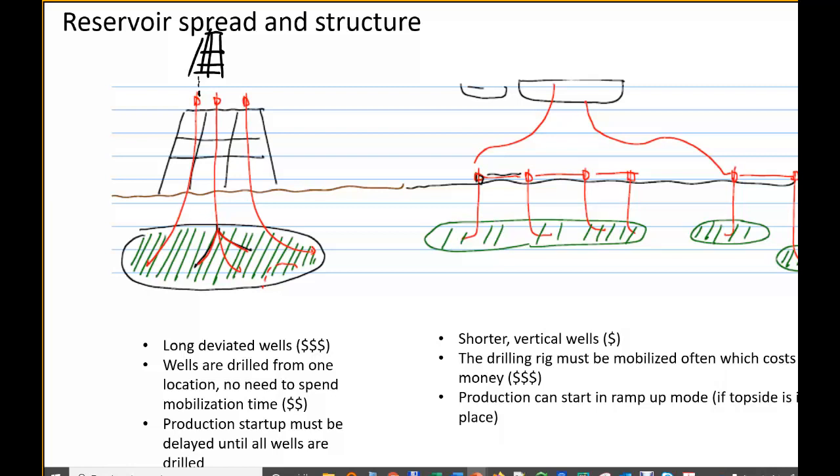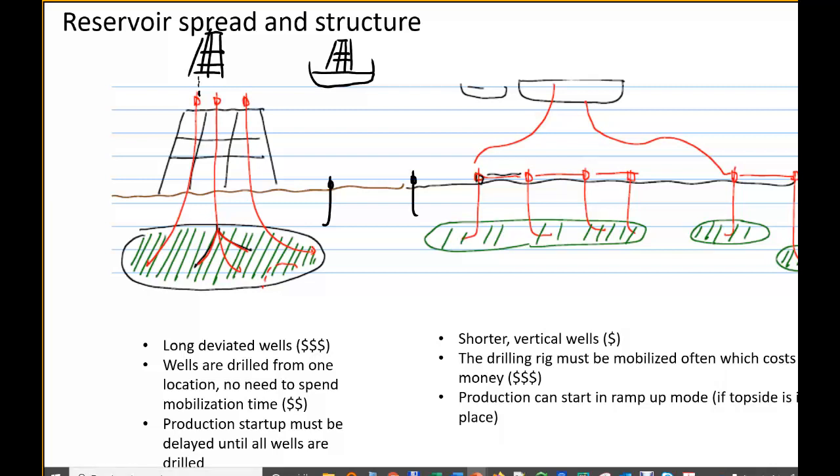Okay, so you don't need to spend mobilization time. If you're drilling a lot of wells which are spread, then you have to move the drilling vessel. Okay, you have a drilling ship, for example. And if they are spread, you have to go on top of that well, then you have to unmoor, you have to move it to the next location, which is a process that takes time.